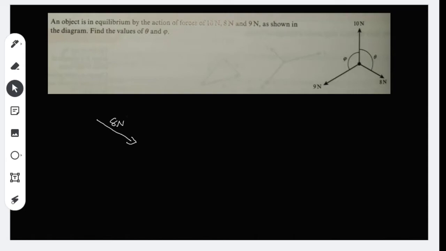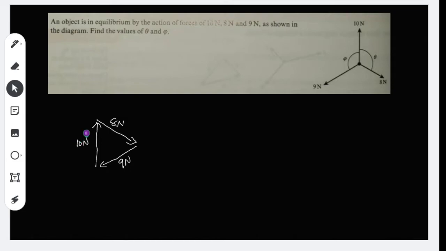Next, this will be your 9 Newton. And the last, we're going to check the direction. That will be your 10 Newton going upwards. This is the 10 Newton.